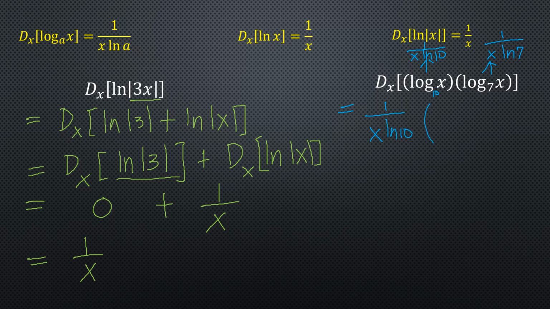Multiply it on the second factor, that is logarithm of x to the base 7. Add, get the derivative of the second factor, logarithm of x to the base 7, that is 1 over x ln of 7, and then multiply it on the first factor, that is logarithm of x.